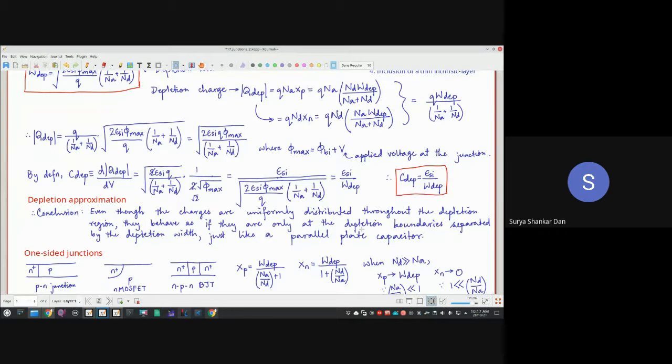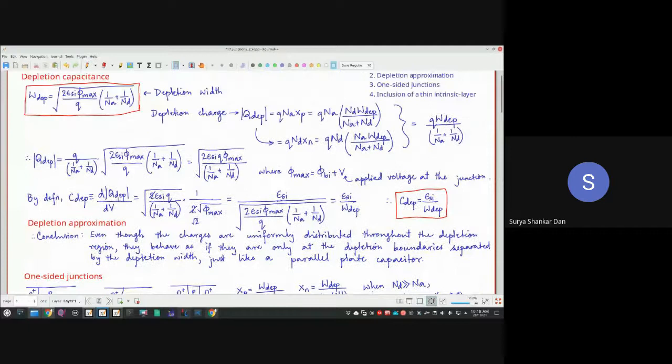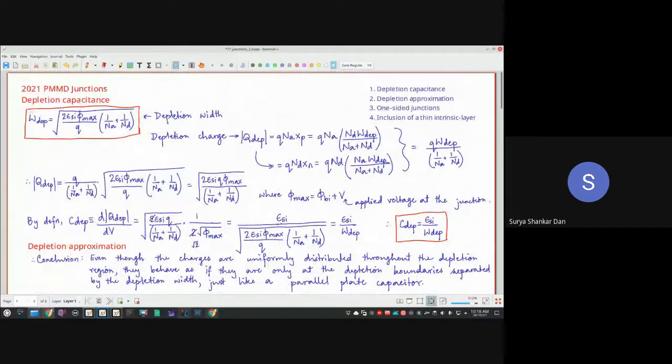This conclusion is called the depletion approximation. That means the charges are completely separated by the depletion width. Is the concept clear? Clearly, since the charges are separated by the depletion width, it is a perfect case of charge separation. That is how you get the depletion capacitance.